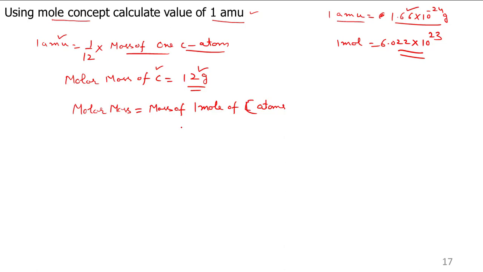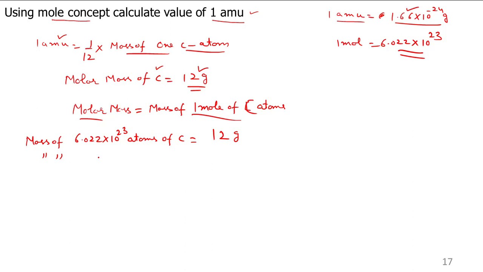So we have the mass of 6.022 into 10 raised to power 23 atoms of carbon equal to 12 gram, because molar mass is equal to the mass of 1 mole of carbon atoms.